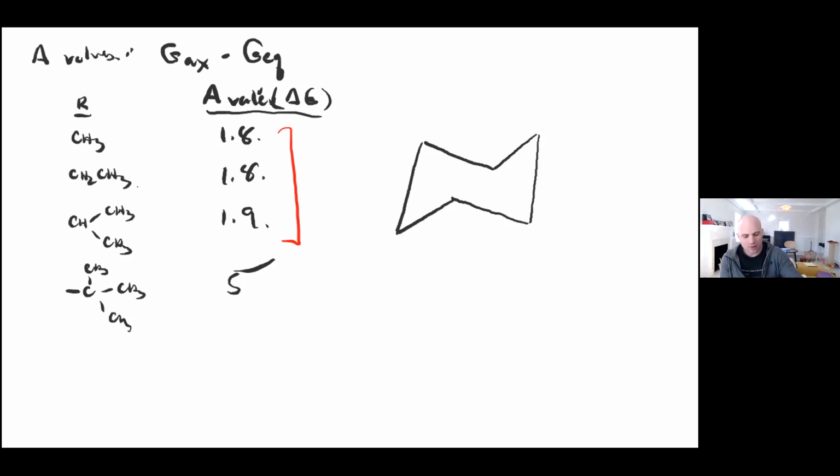And this is where, we could arrive at this through a Newman projection, but it's easier to think about it from the sort of 1,3 diaxial perspective. Let's put the hydrogens in. And let's put my axial substituent there.